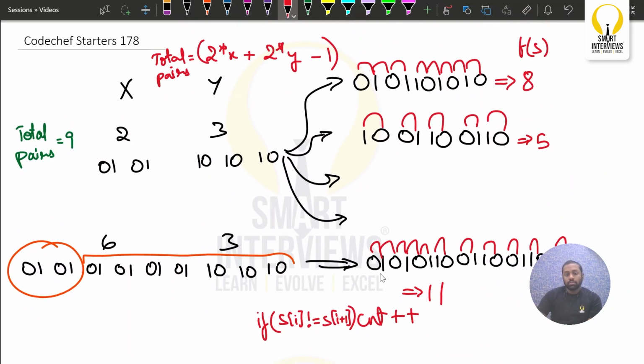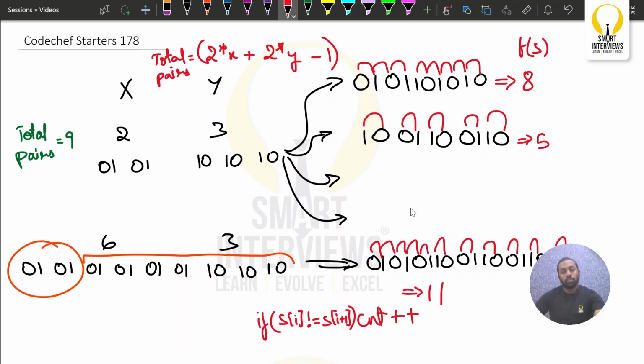So let's try to convert the same logic to code. What is our logic? Our logic is, among these two x and y, we firstly need to know the minimum. Why do we need to know the minimum? If I know the minimum, the plus one of that you take from the maximum of x and y, then you can form those many alternating pairs.